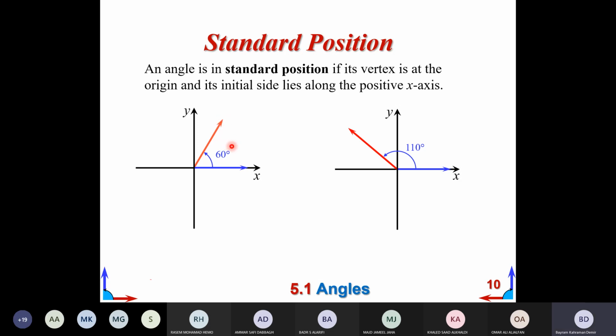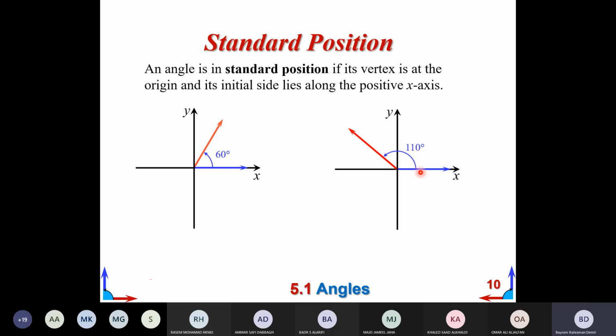Now, in the first picture, for example, the terminal side is inside the first quadrant. That means we will call it 60 degree is in the first quadrant. We remember the quadrants, right? First quadrant here, second quadrant, third quadrant, fourth quadrant, right? So now we are going to say a 60 degree is in the first quadrant.